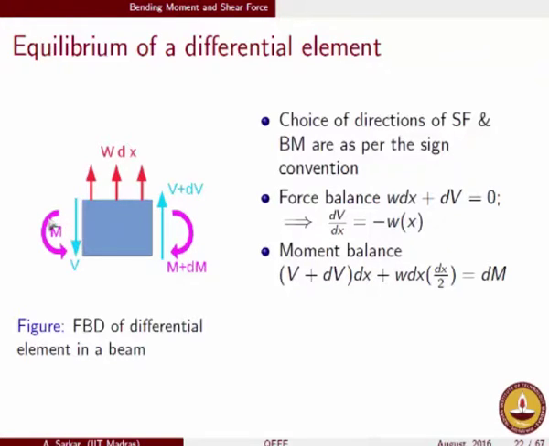The clockwise moment coming from the right face is m plus dm, while the left face has a counterclockwise moment, that is m, right. So between these two bending moments indicated in curved magenta arrows, you effectively have a moment only of the value of dm.